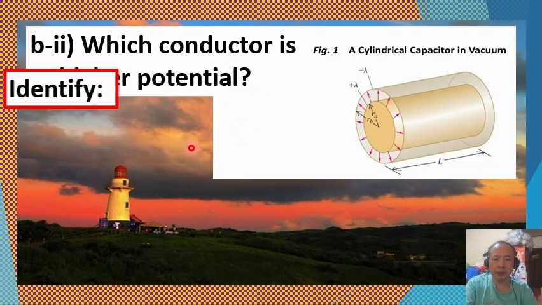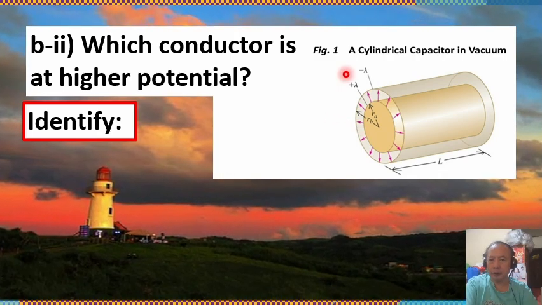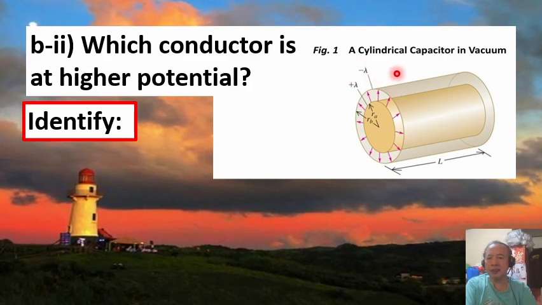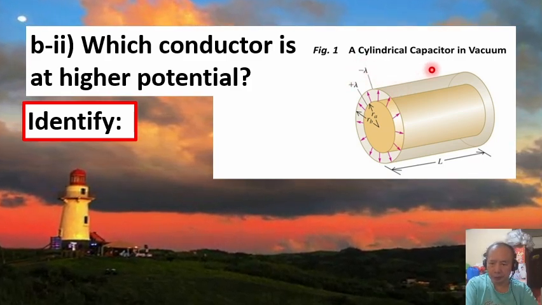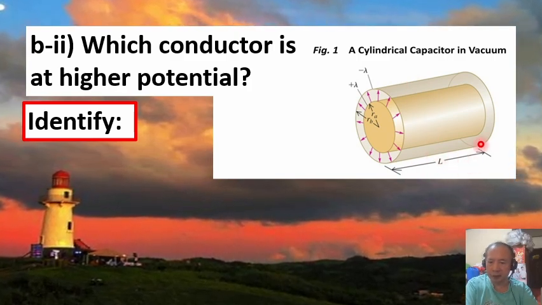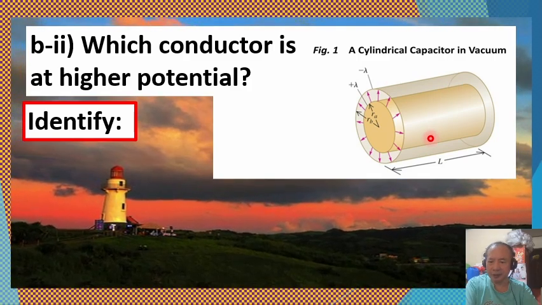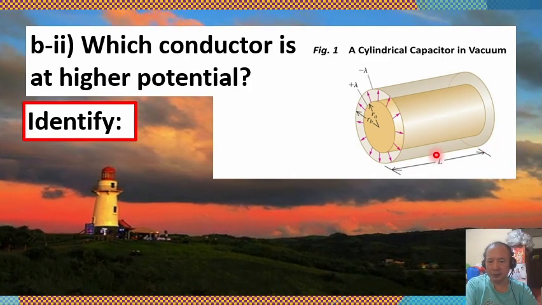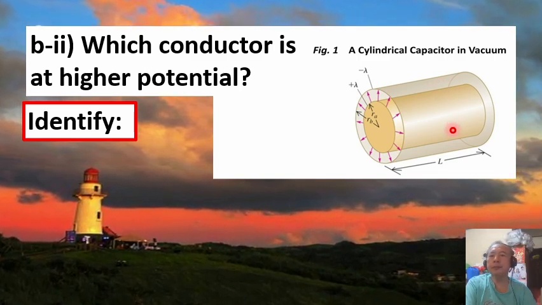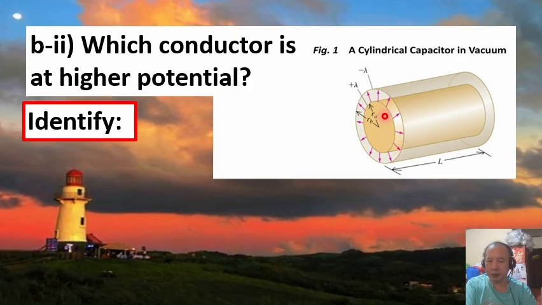So, identifying the given data and information, we have the schematic diagram of a cylindrical capacitor in vacuum. As indicated here, the cylinder has a length capital L, and it consists of two conductors, the outer conductor as well as the inner conductor.